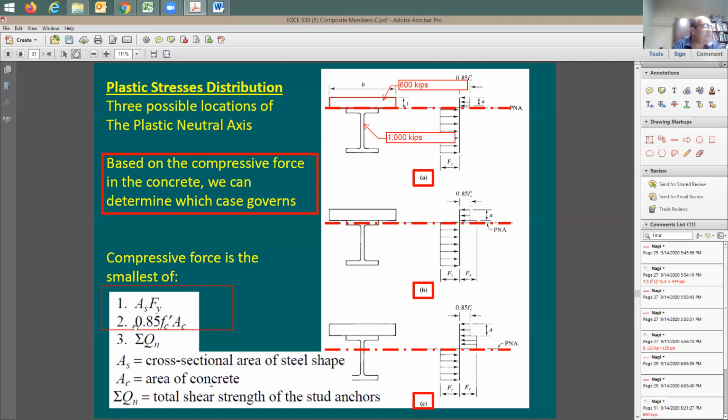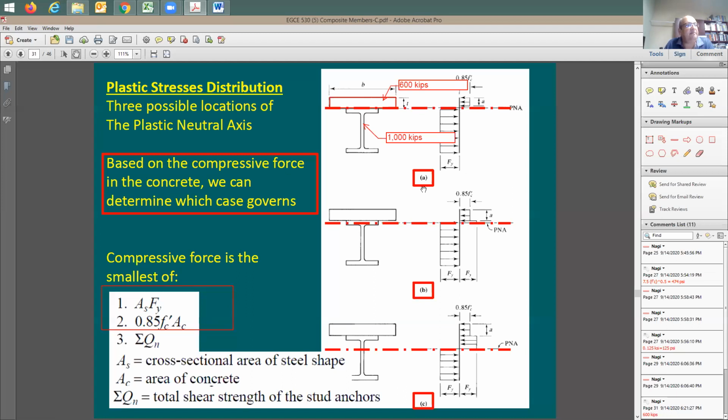Okay. So let's say that we didn't put enough Nelson studs. We put only 50%, right? So what's going to happen to the shear strength of the studs? According to this numerical example that I threw there, if I put enough Nelson studs to take 600 kips in shear.